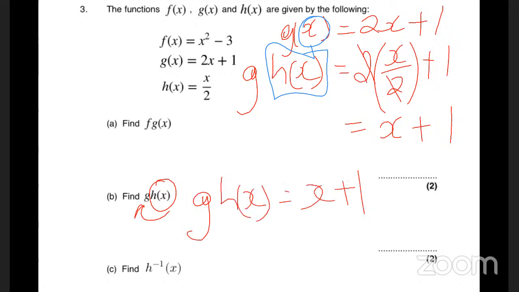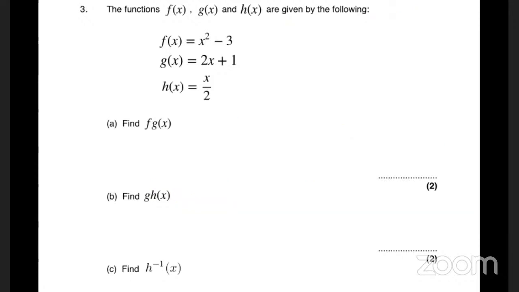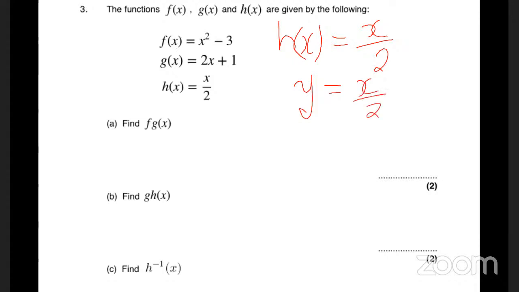That's basically it. gh of x equals x plus 1. Good. Final one here. Find the inverse of h. So h of x equals x over 2, right? We're going to replace h of x with the variable y. So y equals x over 2. We need to interchange x for y and y for x. So it's now x equals y over 2.